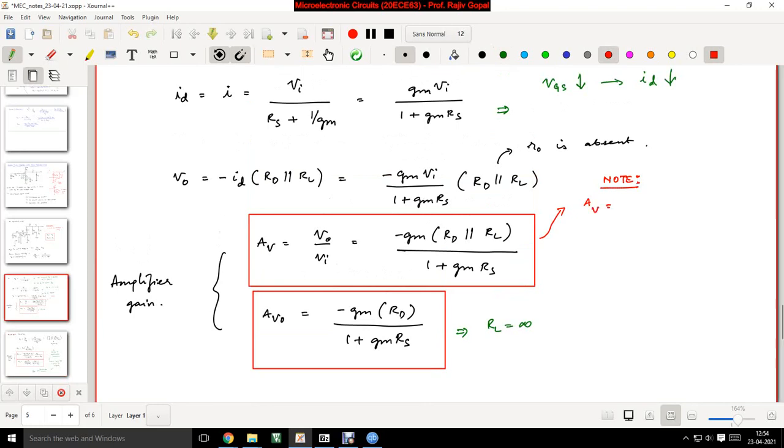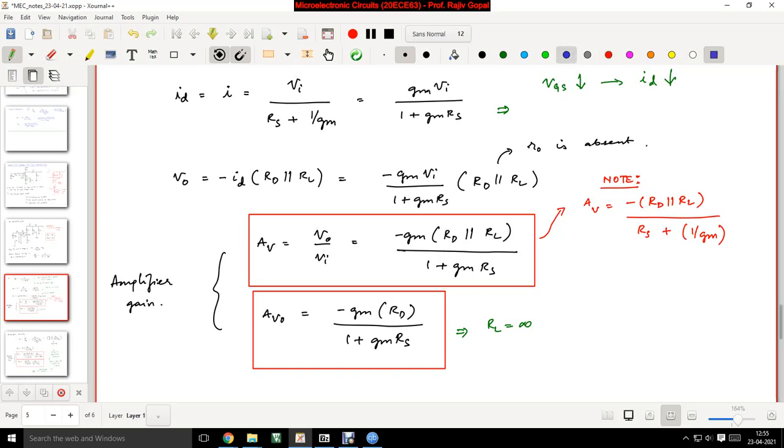I can write this AV as minus RD parallel RL divided by RS plus 1 by GM. There is another way of looking at this.